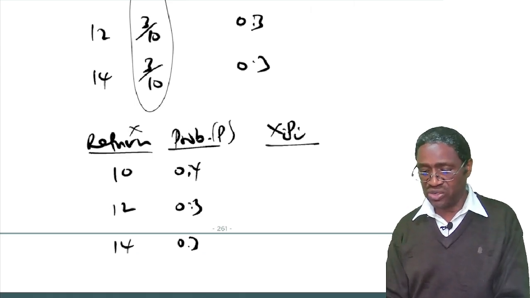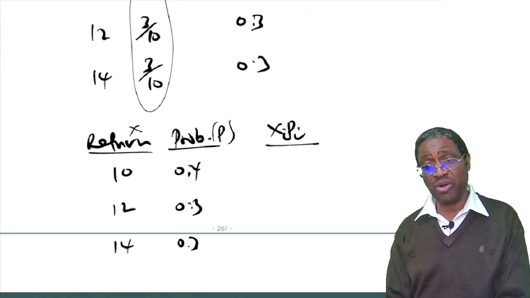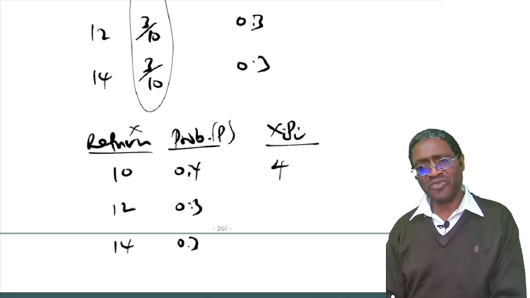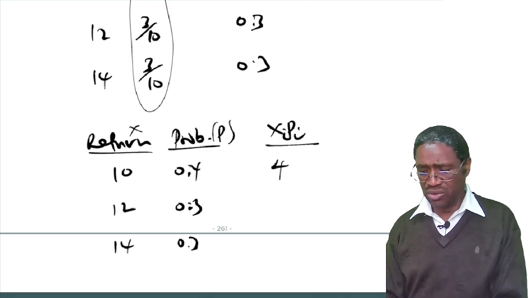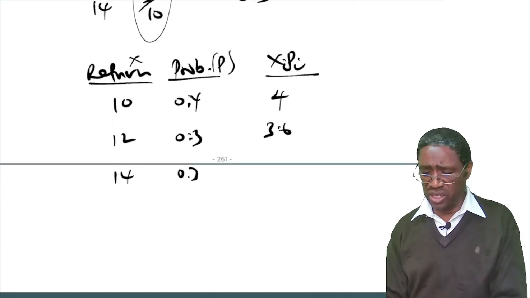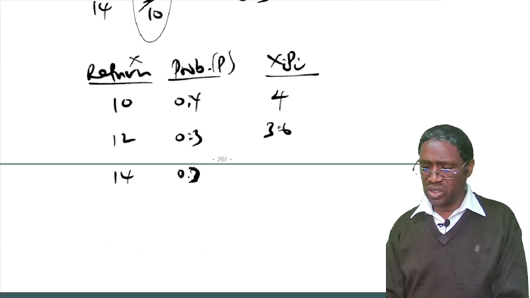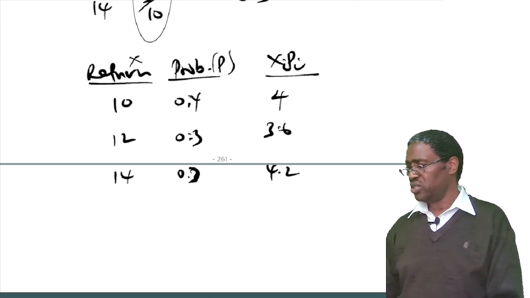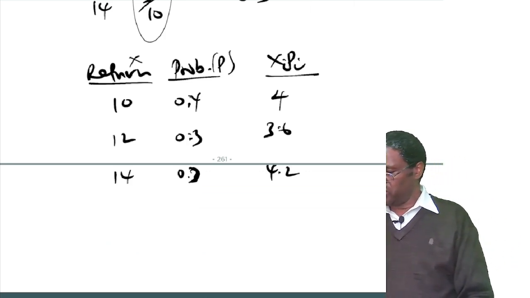So in the first one, 10 times 0.4 gives me 4. 12 times 0.3 gives me 3.6. 14 times 0.3, what will it come to? That will give me 4.2. I think so. Let me do it. I think I'm right. 14 times 3.